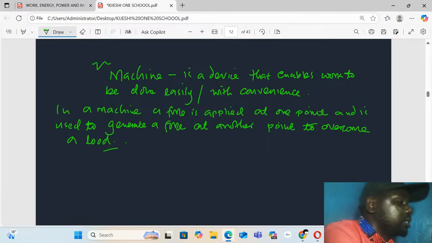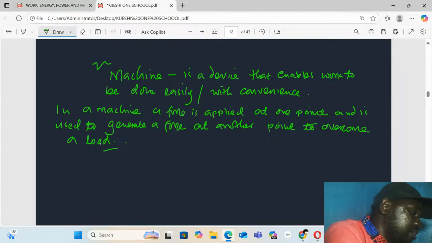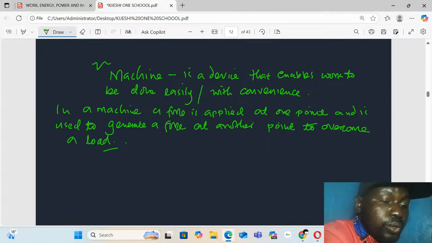So we have known that in a machine, on one side we apply some force, and on another part we work against a load.